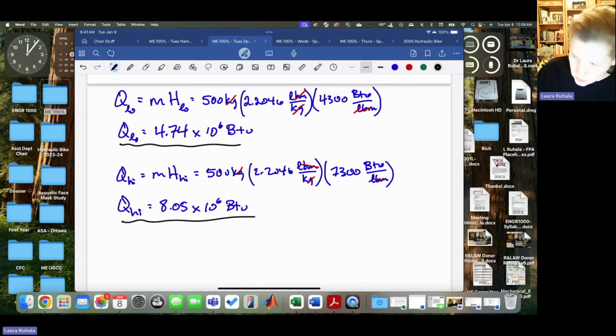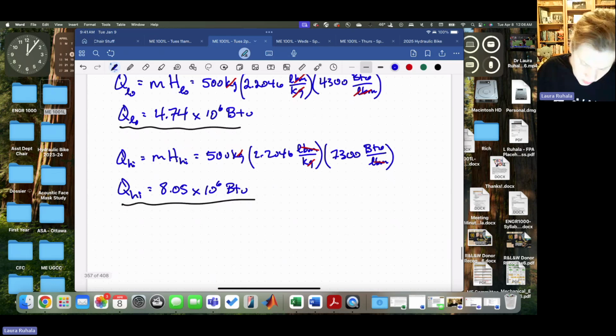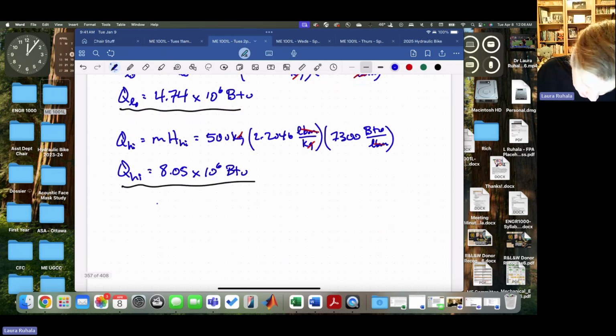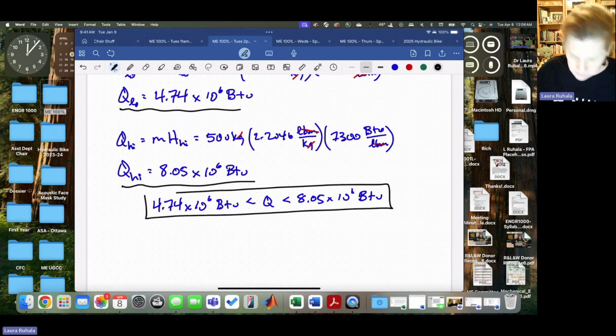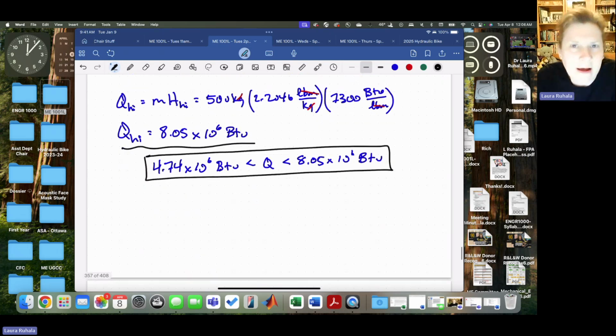It's my high value. So I'll say the heat will range between 4.74 times 10 to the 6, so 4.74 million BTU, to 8.05 times 10 to the 6 BTU. Is that a lot of heat?